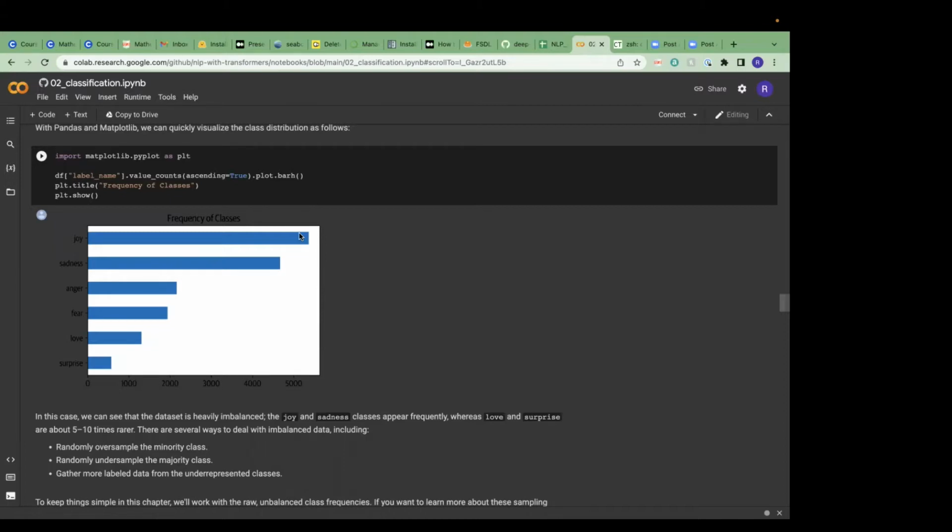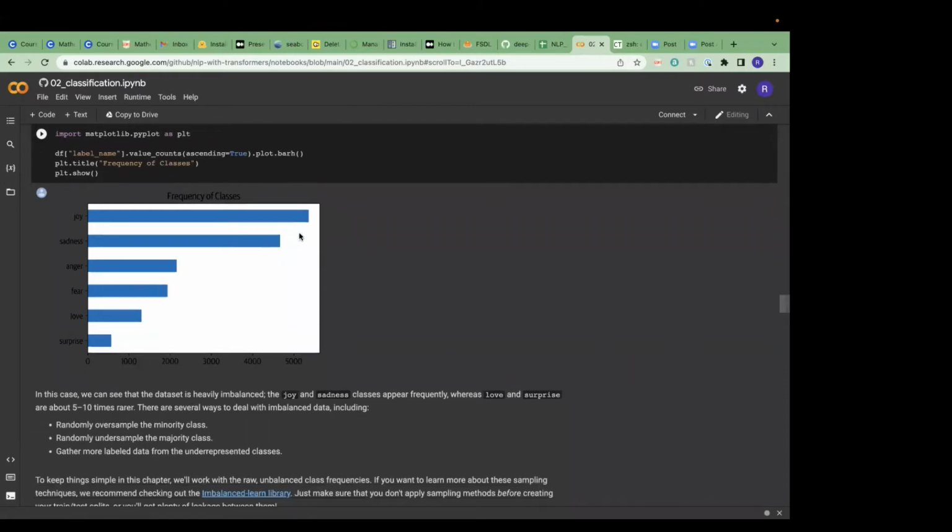One would be oversampling the surprise class. One example could be duplicating the tweets that were labeled surprise, so that your model sees as many surprise examples as joy examples.